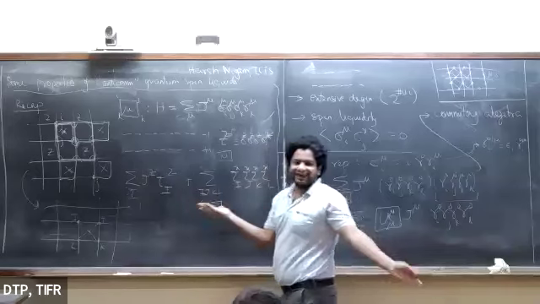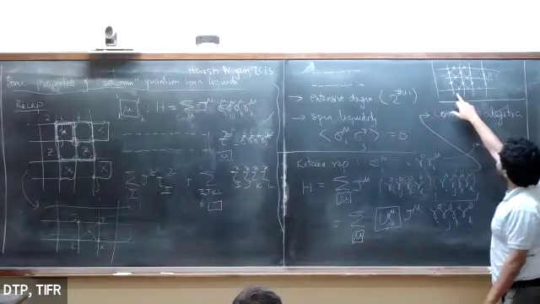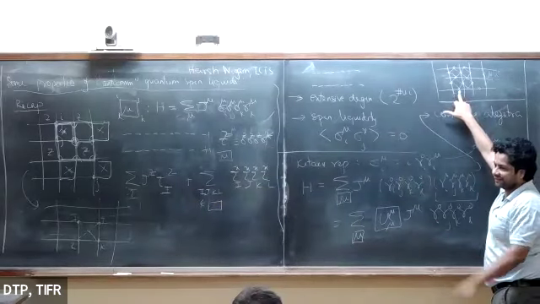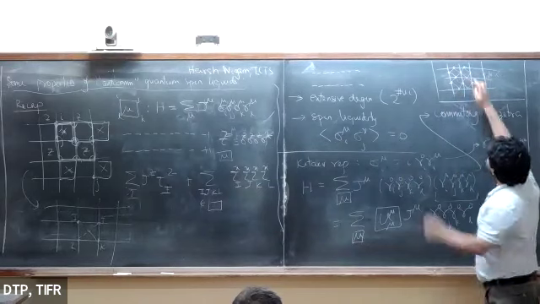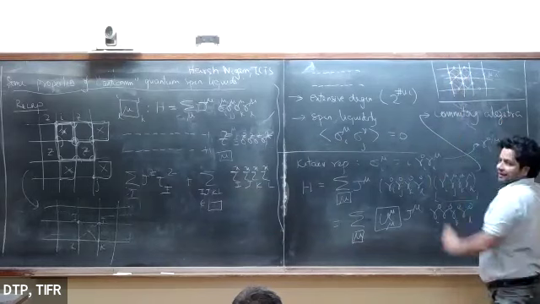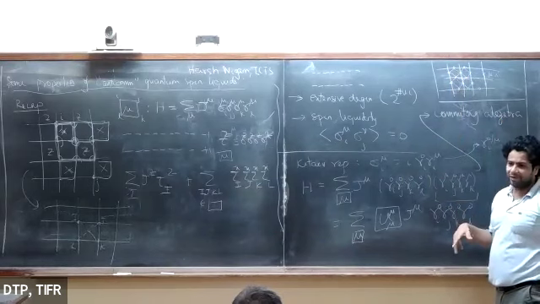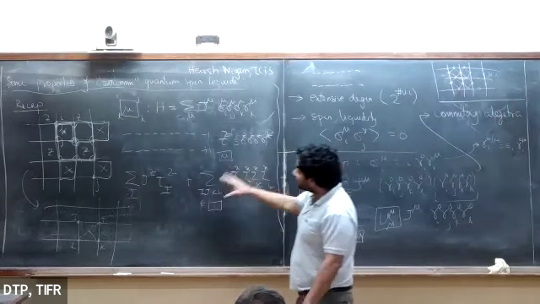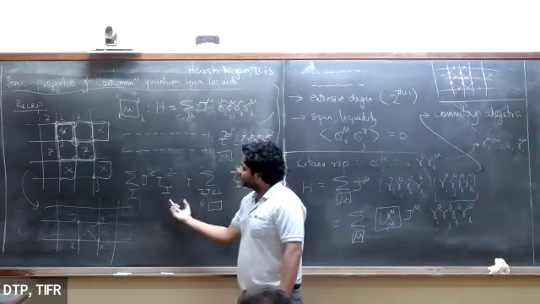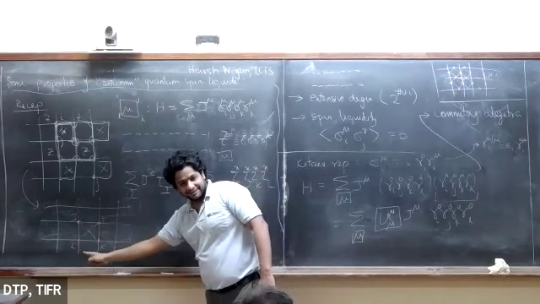So the Hamiltonian exactly looks like this, except the degrees of freedom live on the midpoint of the links. It turns out there is a local Z2 transformation. You can do a Z2 transformation on this star, change the signs, that does not change the Hamiltonian. Okay? But this block decimated Hamiltonian, the degrees of freedom actually live on the sides.